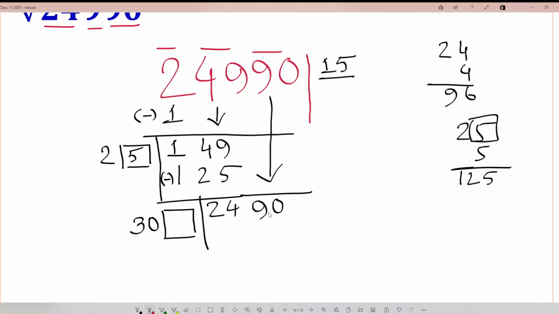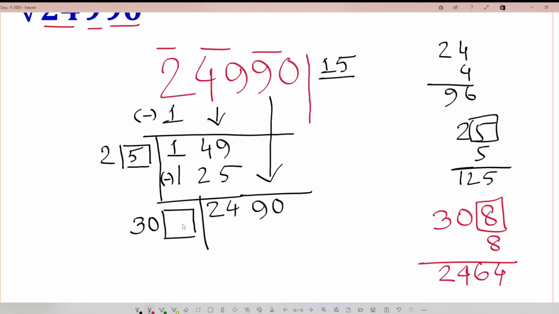In this case, 7 times 3 is 21 and 8 times 3 is 24, so we can use 8. So 308 times 8: the result will be 2464.